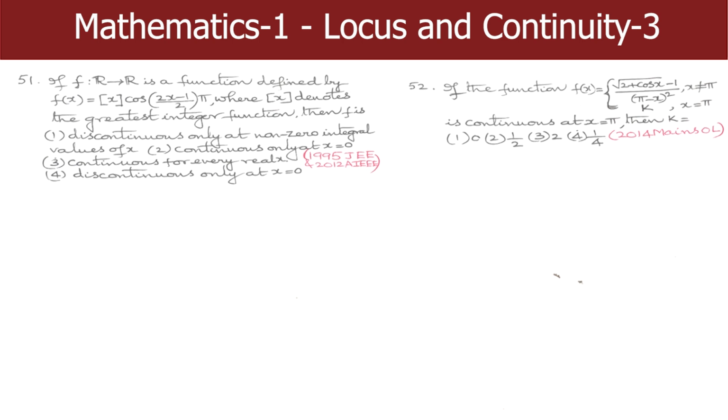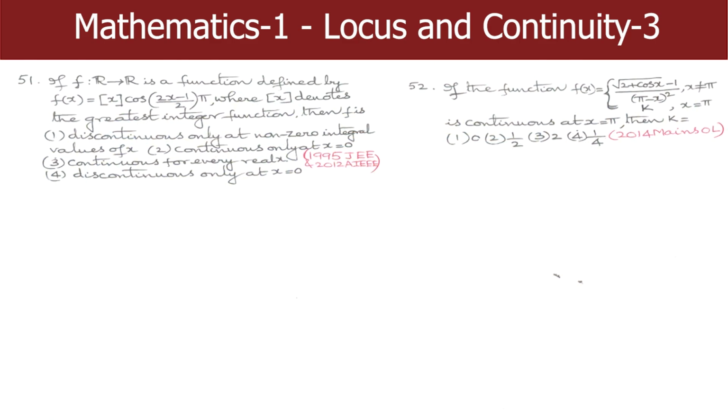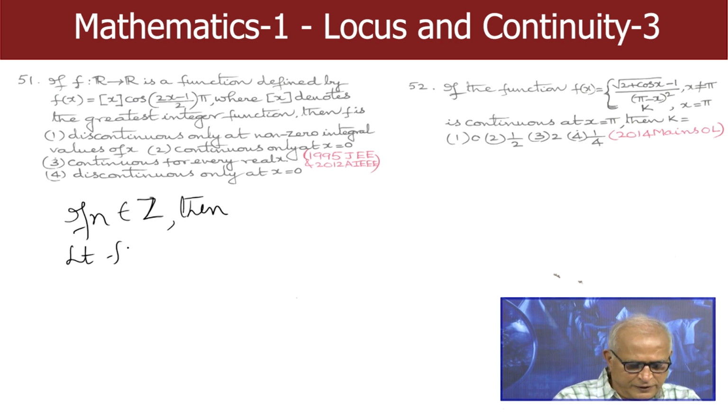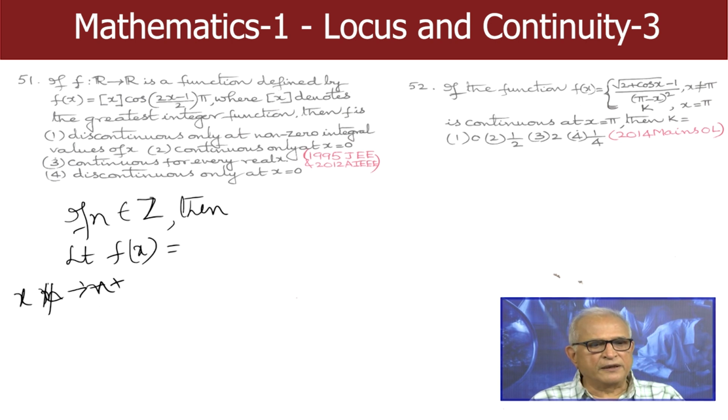When two functions are continuous, the product function is also continuous in the same domain, and therefore let us care about the continuity of bracket x at integer points. If n belongs to Z, then take the limit of f(x) as x tends to n from the right first. As x approaches n from the right, bracket x is n.